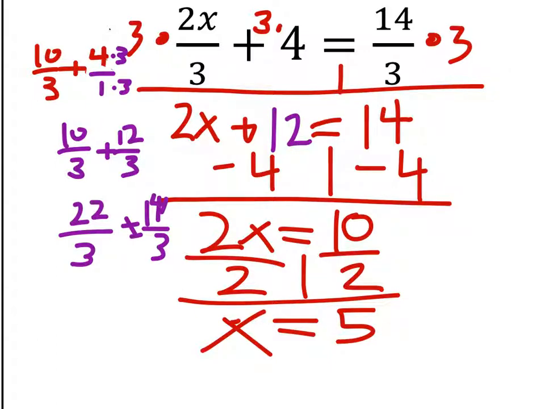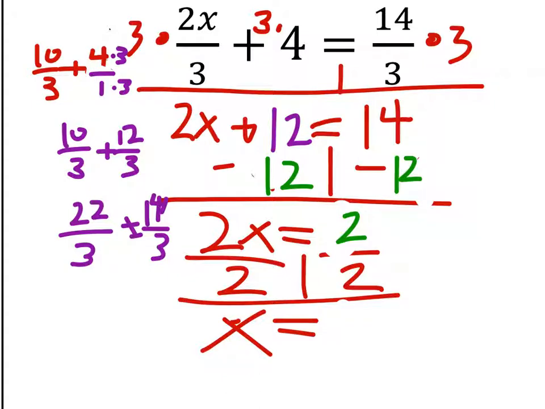And then we're also not subtracting 4 from both sides. We would be subtracting 12. And so yeah, it does change this one as well. 14 minus 12 becomes a 2. And then 2 over 2 becomes 1, right?